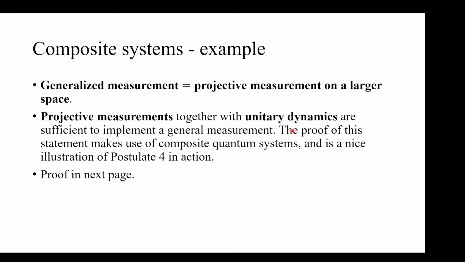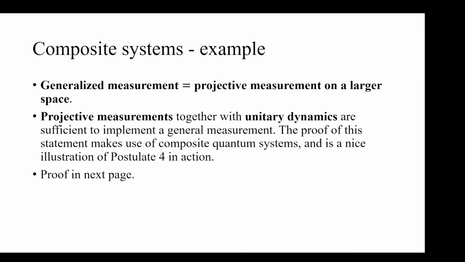Okay, so the next topic is an example of using a composite system, an example of what we can do on a composite system, and what we want to show is that generalized measurement can be gotten from projective measurement. So this is kind of finishing the story on our measurements.